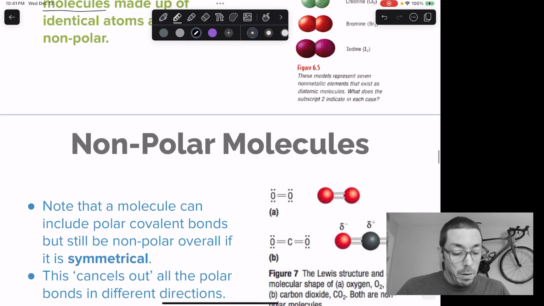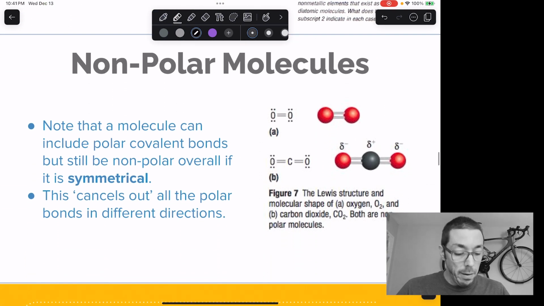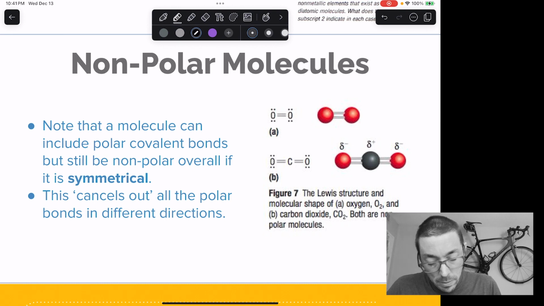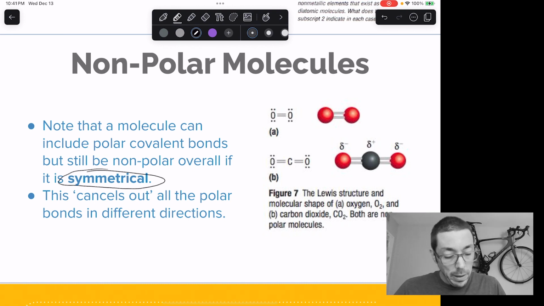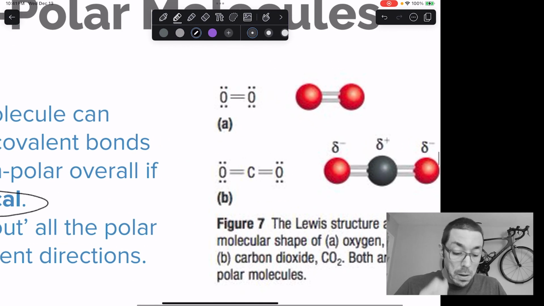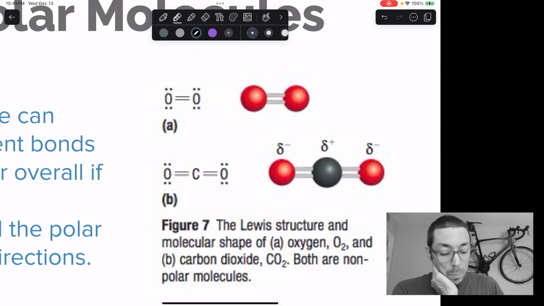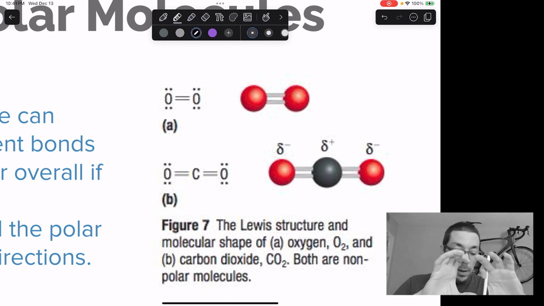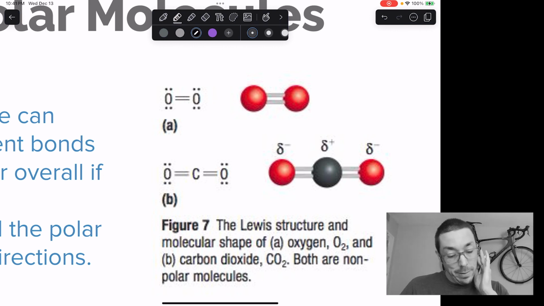But there are other molecules that are non-polar as well, and it has to do with being symmetrical. So take a look at CO2 here. CO2 is made up of a double bond to oxygen on the left and the right. So really these 2 connections to oxygen are exactly the same, but they're going in opposite directions.